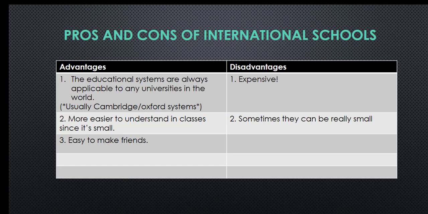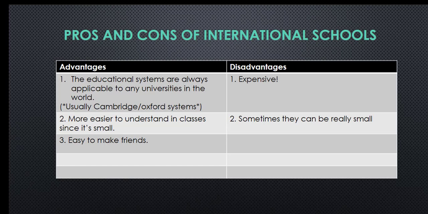Number 2, it's easier to understand in classes since they are small. Compared to public schools, there are way fewer people in international schools. They contain around 300 students for the whole school.